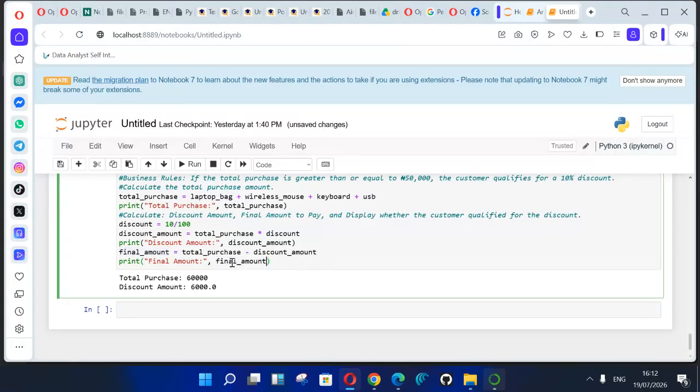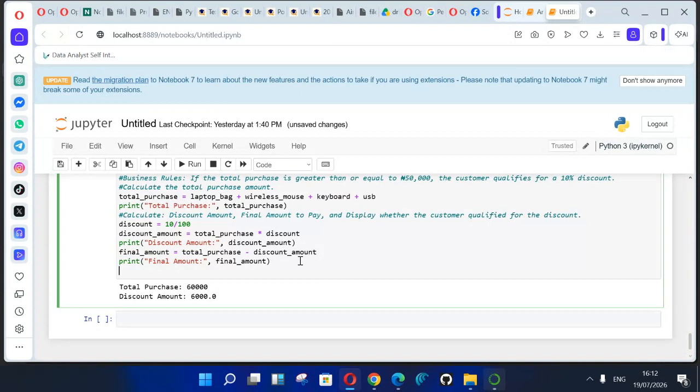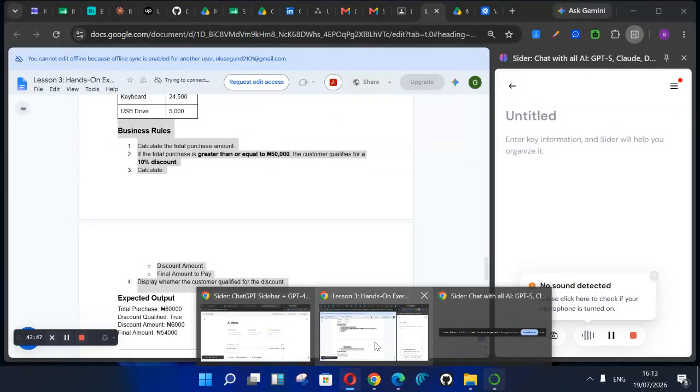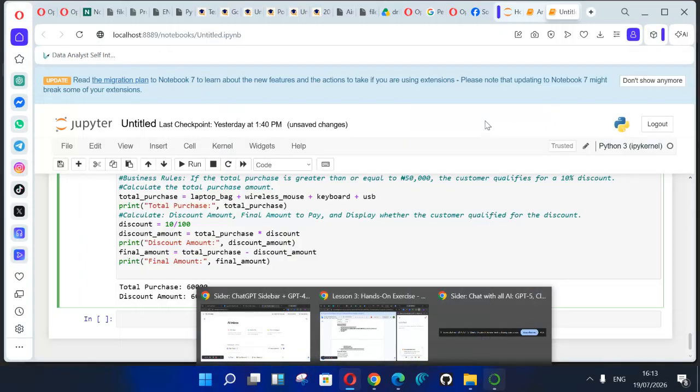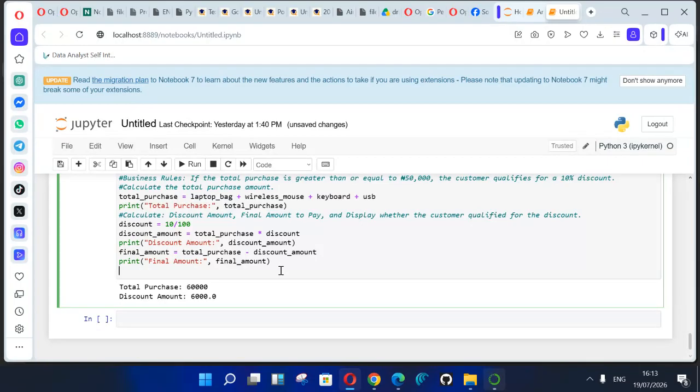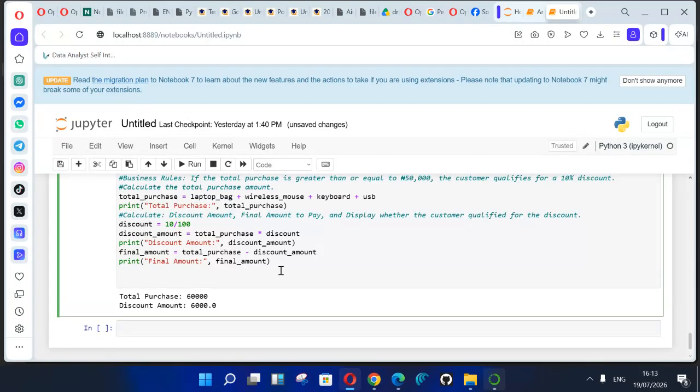Please let me check my system. And last one, display whether the customer qualifies for discount amount. So if the total purchase is greater than 50K, discount qualified. Okay, just say discounts.